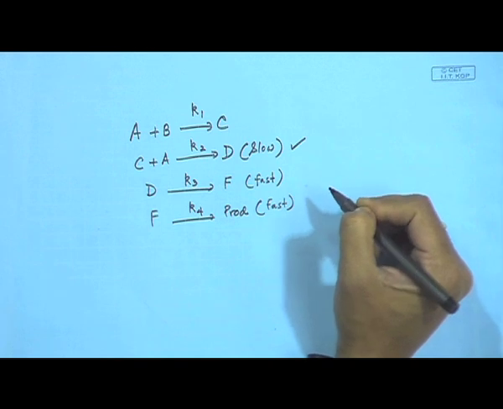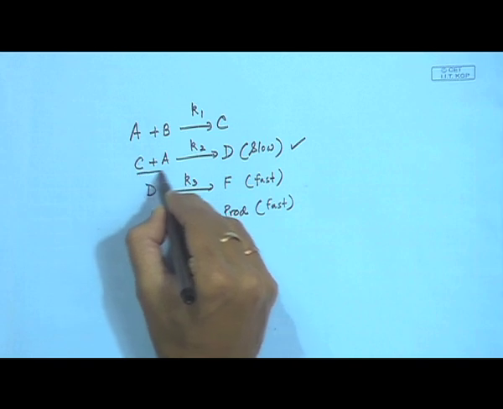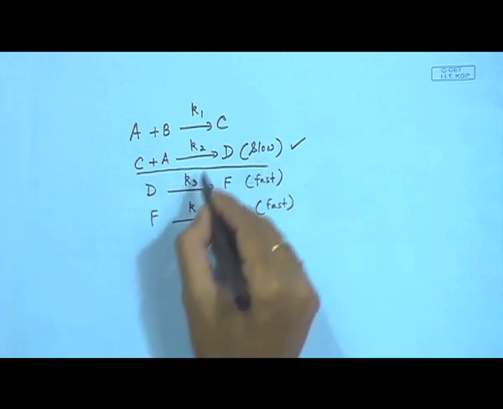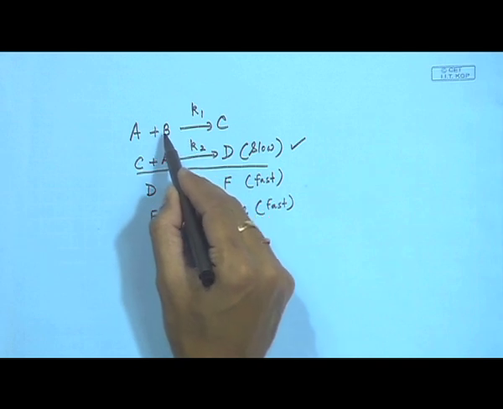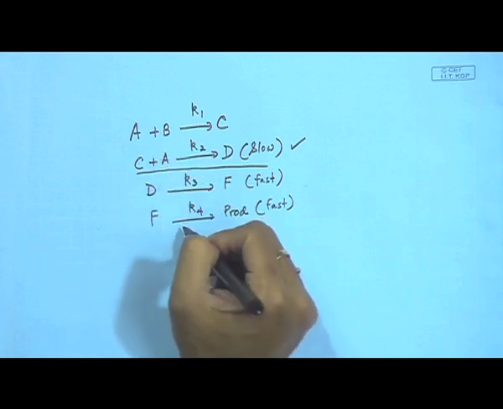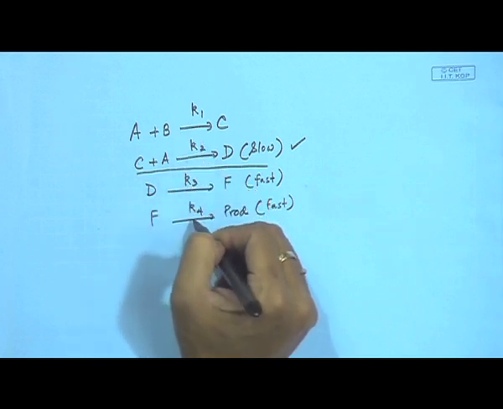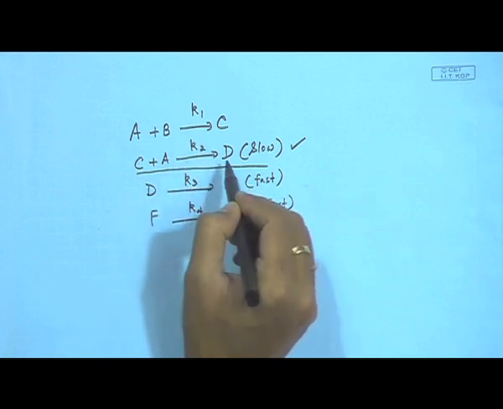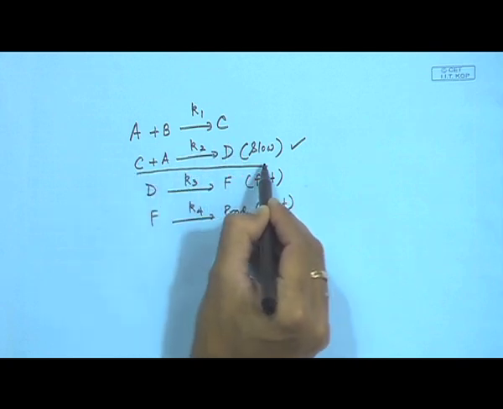So, the overall rate of reaction will depend on this particular step. This is an elementary step. There are 4 steps, 1, 2, 3, 4, of which every one corresponds to one elementary step. So, this is one elementary step, the slowest process.